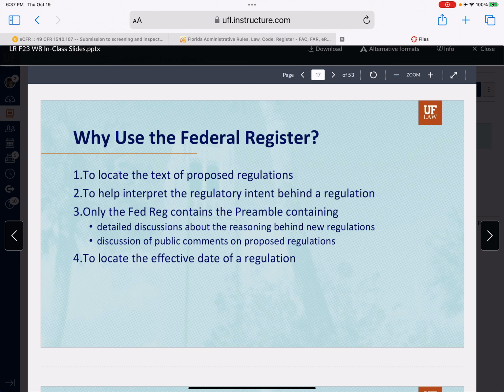The Code of Federal Regulations only has the second part, just the actual wording of the regulation. None of the interesting stuff from the preamble makes it into the code. And obviously, the effective date of a regulation, once it gets in the code, it's obviously effective. So if you want to see the effective date beforehand, you would need to look in the Federal Register.